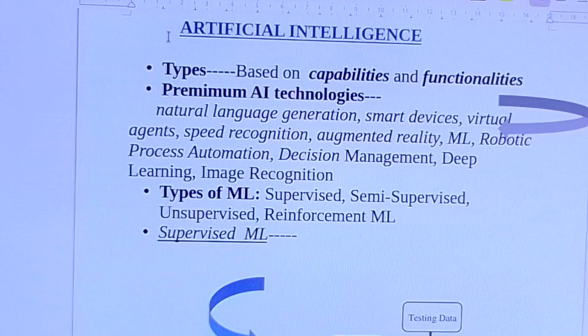So let's categorize AI on the basis of capabilities. On the basis of capabilities, AI can be categorized into 3 categories, that is general artificial intelligence, narrow artificial intelligence, and super artificial intelligence.